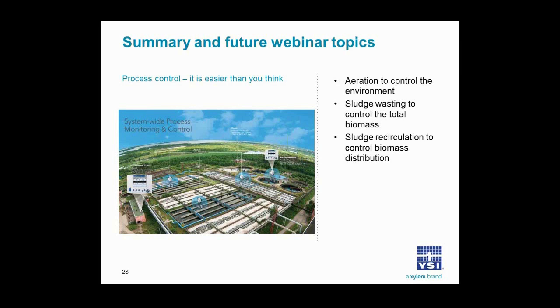What is a target blanket thickness we should strive for in our secondary clarifiers? Wow, you guys are really starting off with the tough questions. This is really a philosophical discussion, as many things in wastewater treatment are. There are those out there that advocate maintaining a minimum sludge blanket.